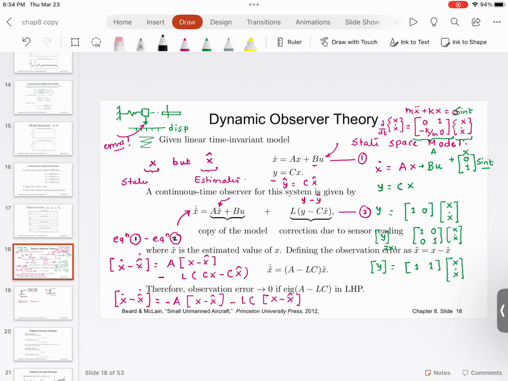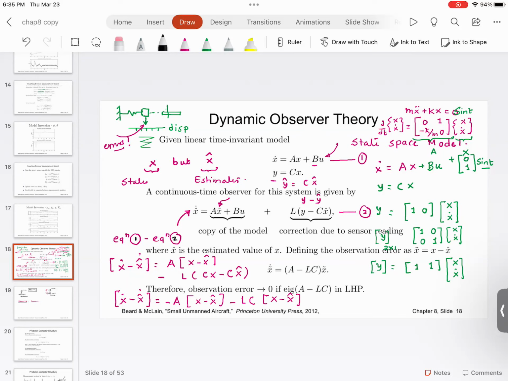Which means whatever the error in the measurement was, that has affected my dynamics. So that is L. I'm saying that error is somehow affecting the dynamics of the system, and to correct that error, I'm adding that term over here. That is called the correction term due to sensor readings.